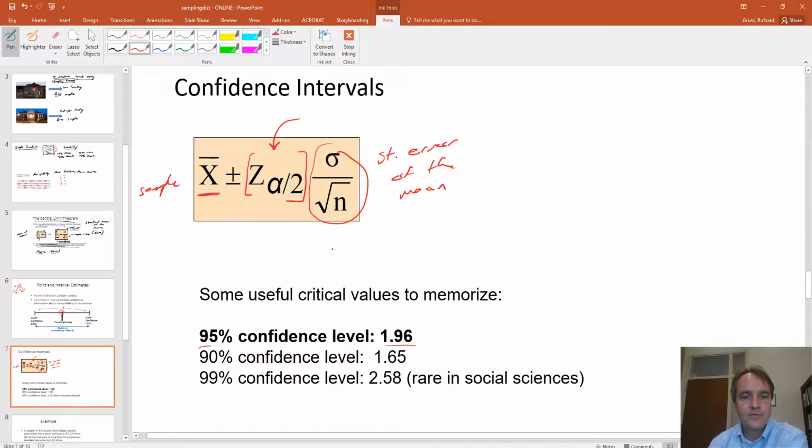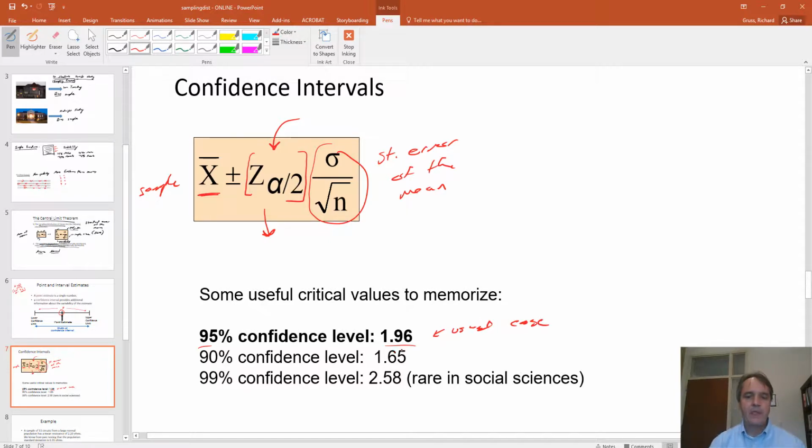So if we're going to be using a normal distribution, which in this example we are, this number here, this z, if we want to be 95% confident, we use 1.96, and this is the usual case. Usually we say that we're okay with a 5% chance of sampling error.